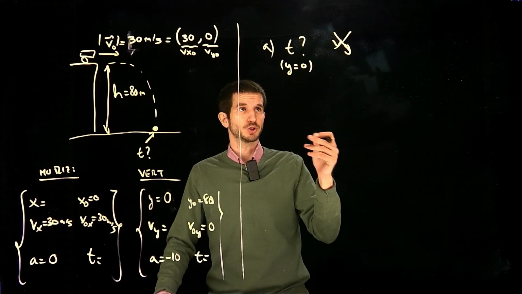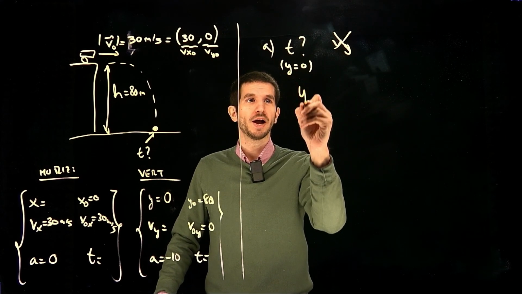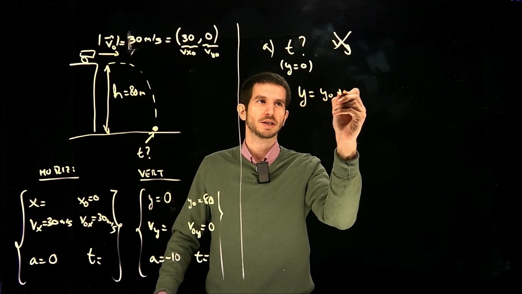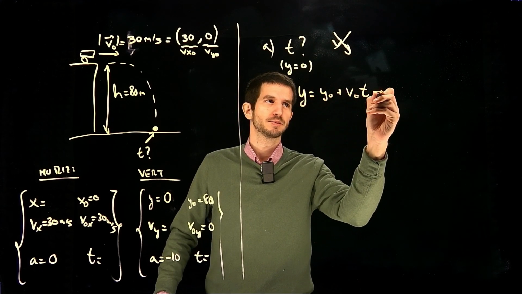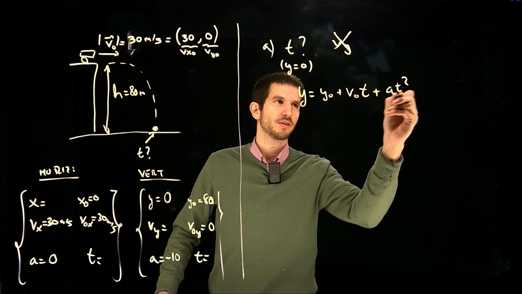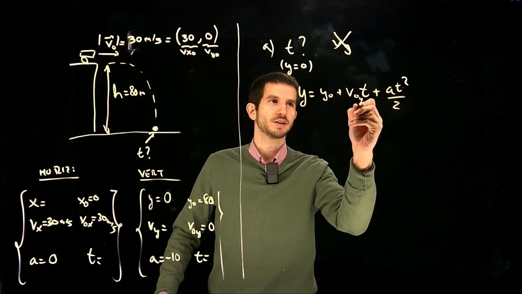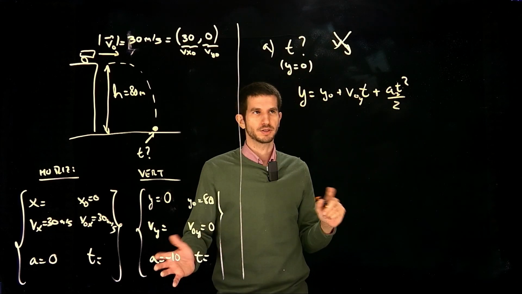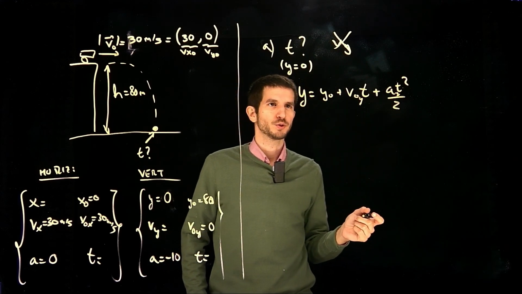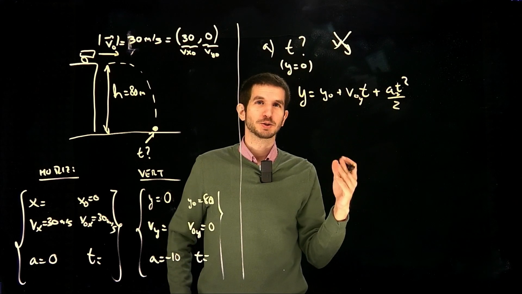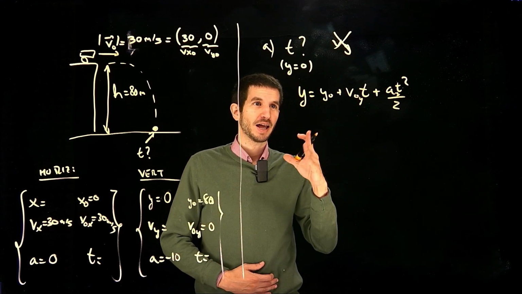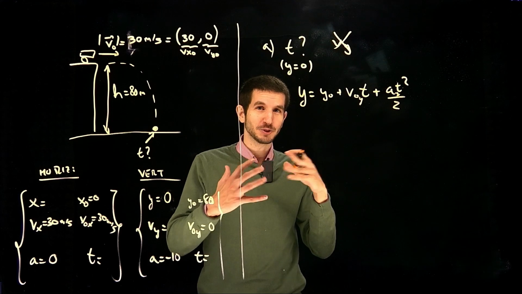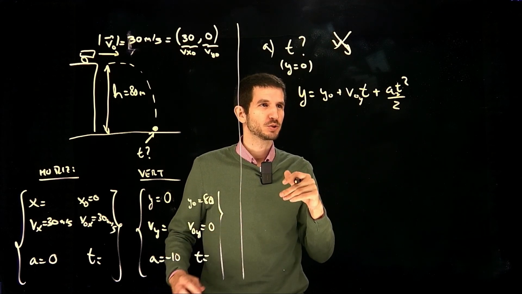And that equation, of course, is going to be just the equation for y equals y sub naught plus v sub 0 t plus at squared divided by 2. Right? Let's not forget that this is sub y, so you can add the sub y subscript there not to mix them up if you confuse them. So be careful with subscripts and superscripts until at least you are comfortable with these equations, right?